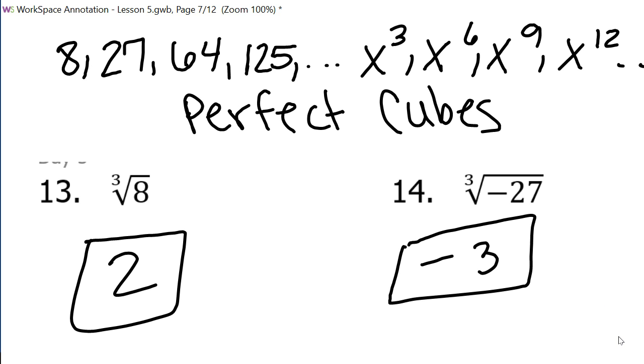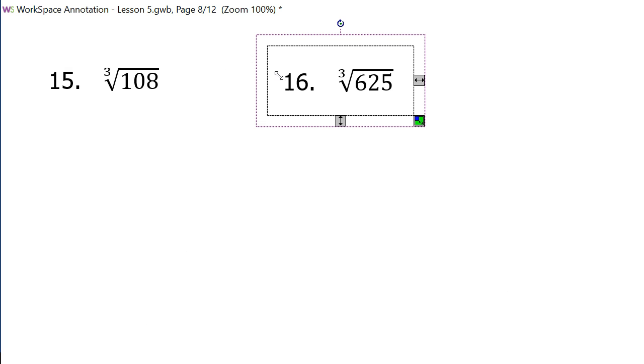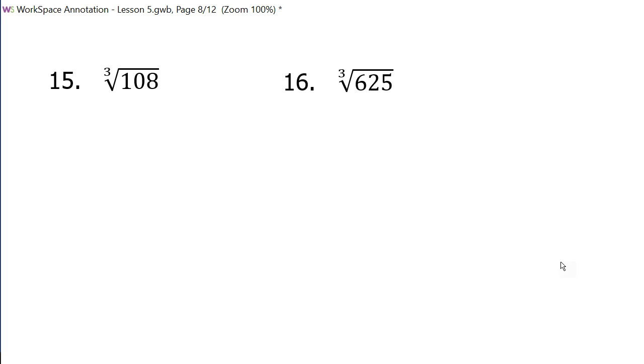Okay, go ahead and copy down number 15. We have the cube root of 108. Cube root of 108. Now, is 108 a perfect cube? No. So we'll have to use one of those perfect cubes. So out of that list, what is the largest perfect cube that's a factor of 108?